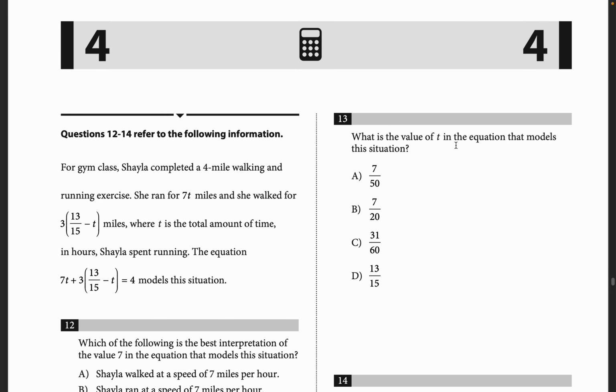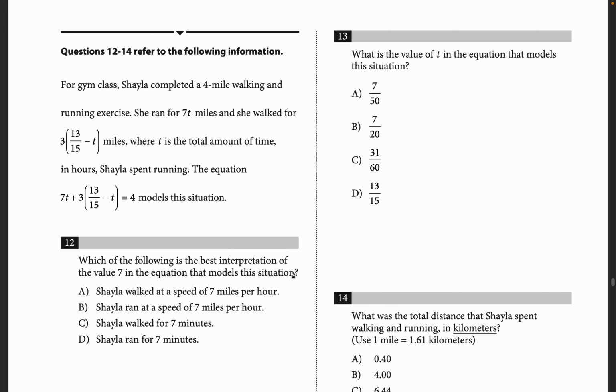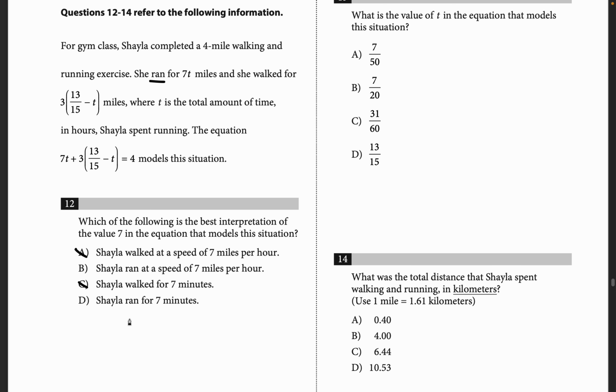For gym class, she ran 17 miles and. Okay, which of the following is the best interpretation? So first of all, she ran, so she didn't walk. Okay, and walked for. So if she ran for this many miles, okay, so D, if you know this formula: distance equals rate or velocity, same thing, times time.